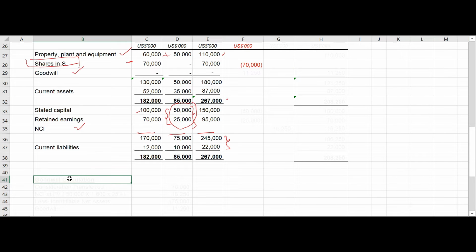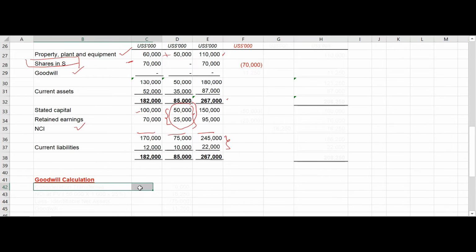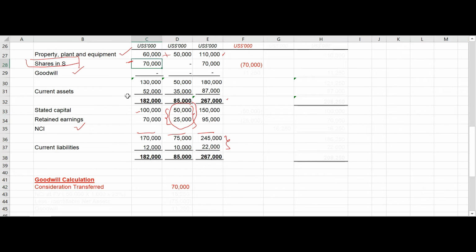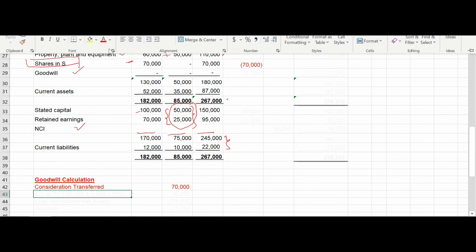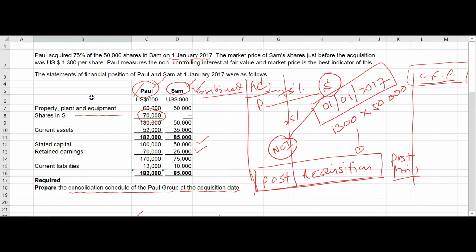So what will be the goodwill? So goodwill will be the purchase consideration. So how much is the consideration transferred or the investment made? Which is 70,000. So to this 70,000, you need to add the non-controlling interest at fair value. How much is that? So you are given the market price of SAM shares just before the acquisition as 1,300 per share.